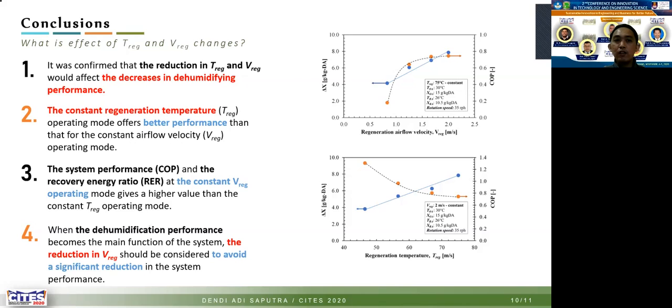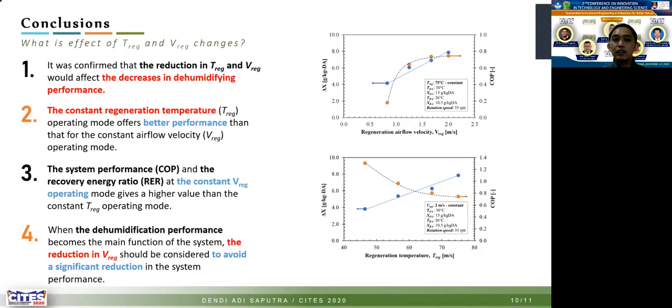However, in terms of system performance and energy recovery ratio, the constant regeneration air velocity has a higher value than the constant regeneration air temperature.